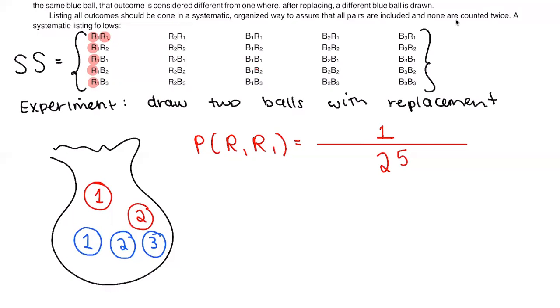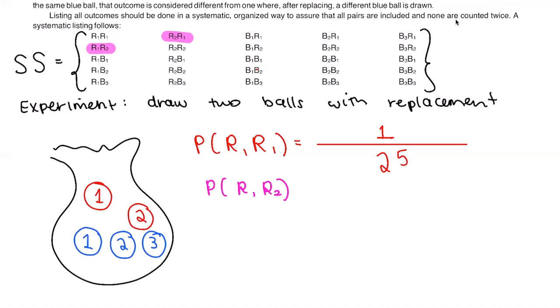But what if instead I wanted to get the probability of R1, R2? Well, let's erase these highlights from before. We want to find the probability of getting R1 followed by R2. I see R1 and R2 together here, but I also see R1 and R2 together here in the second column, and there's a distinction.